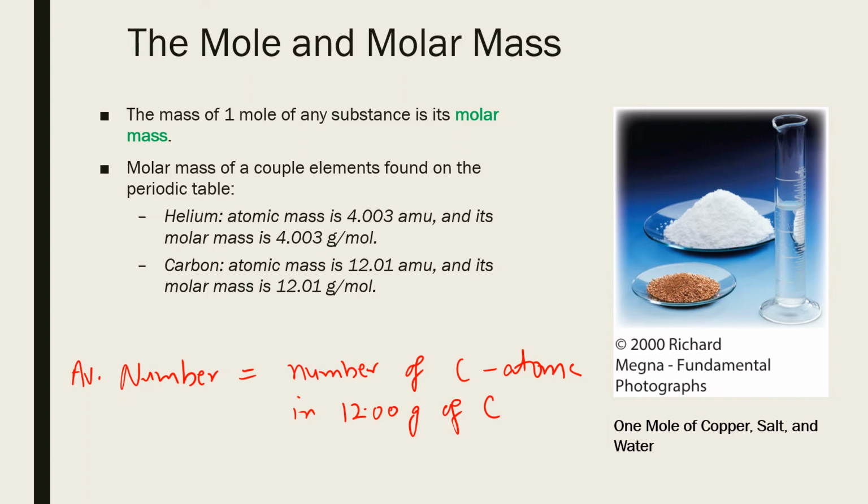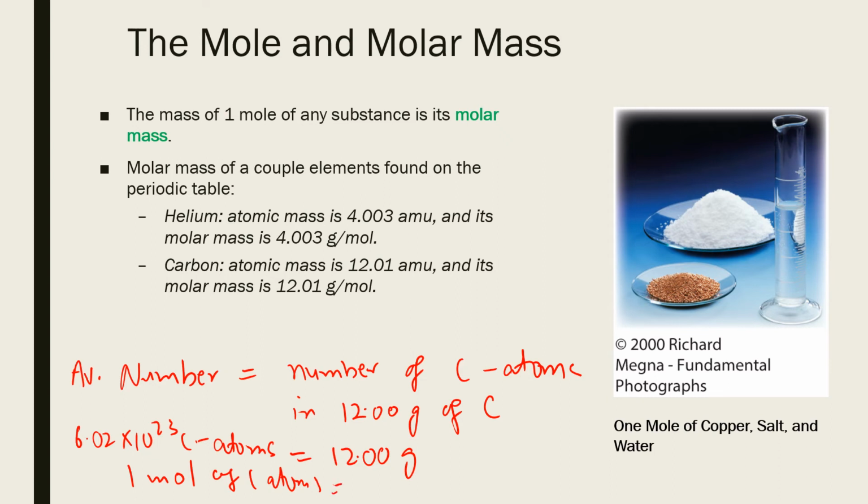So in other words, 6.02 times 10 to the 23 carbon atoms, because that's Avogadro's number, means if we have that many carbon atoms, they will weigh 12.00 grams. Now this is 1 mole of carbon atoms, and 12 is the molar mass or atomic mass of carbon.